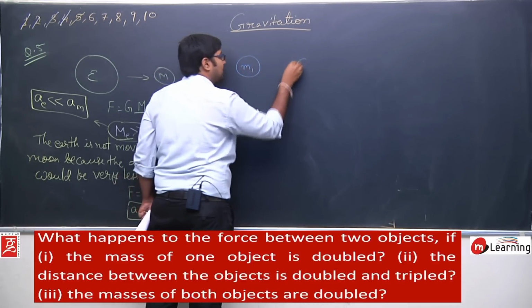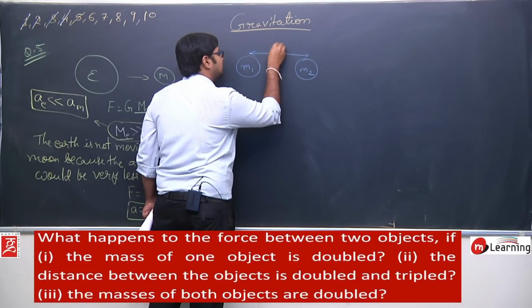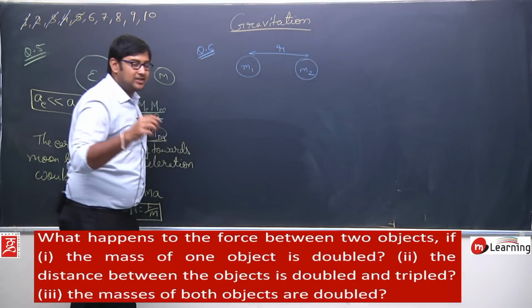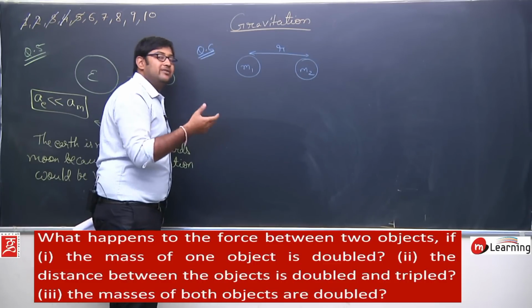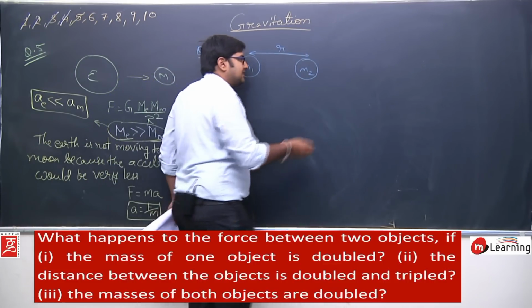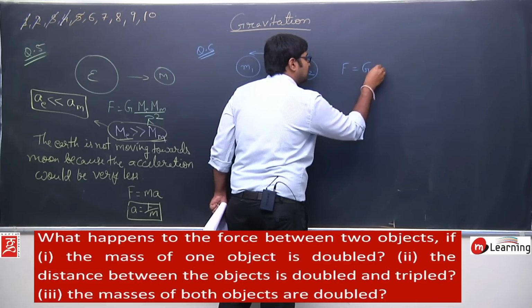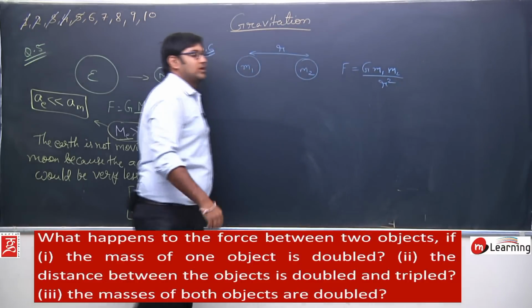Let us say this is m1 mass, this is m2 mass, and the distance between them is r. So at this point of time, these are the two objects with a distance r between them. The force of attraction, as per the universal law of gravitation, is F equals G times m1 m2 by r square.